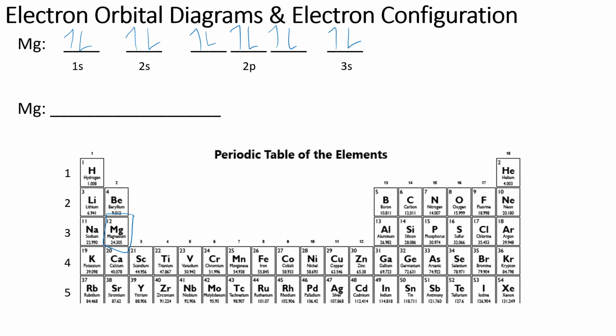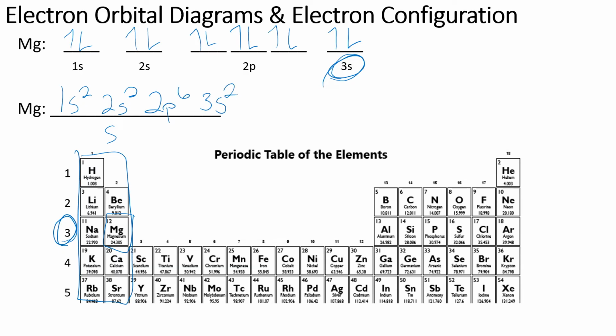Now if we look at magnesium, it's in the third period, and those first two columns are the S section, and it ended in 3s. So where it's located is going to tell you what your last section is going to be. Okay, so we've got 1s2, 2s2, 2p6, 3s2. And that's our electron configuration.